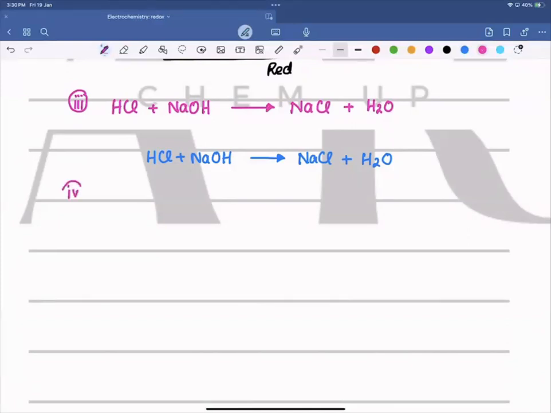Yes, have you guys started working on that equation? Yes, sir.